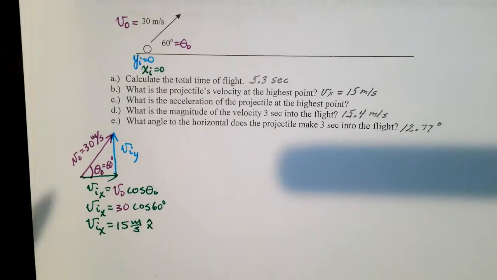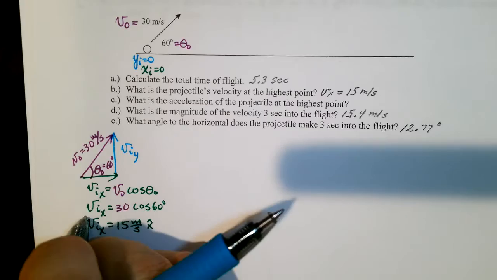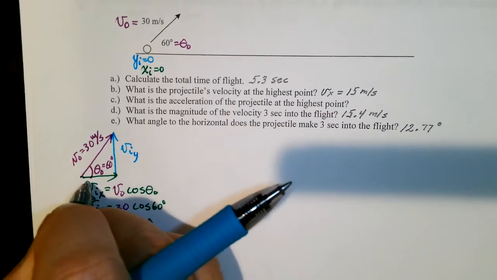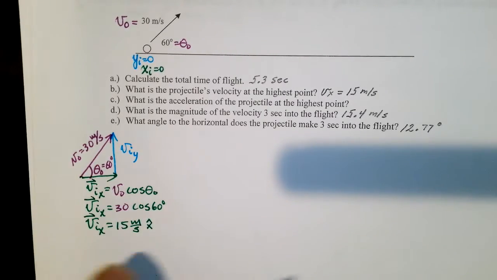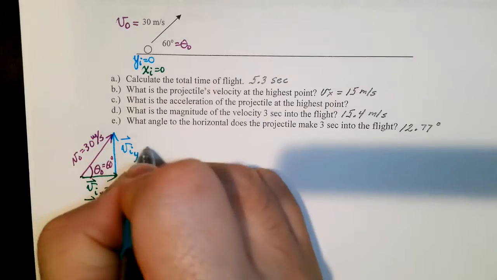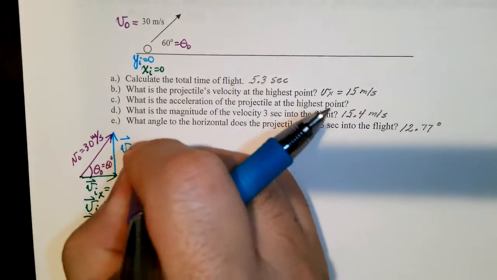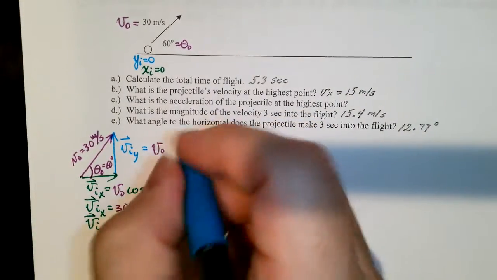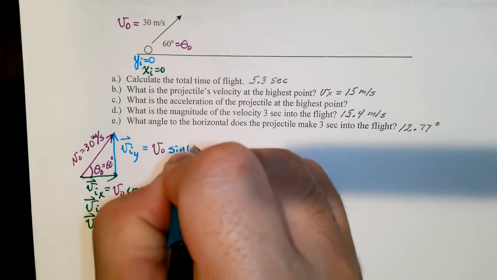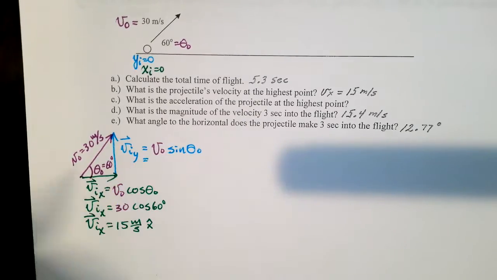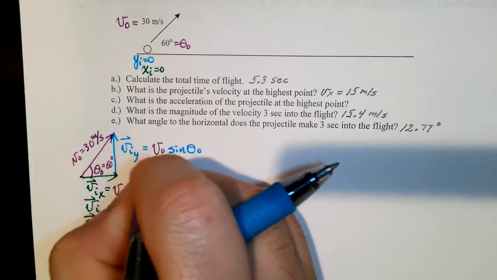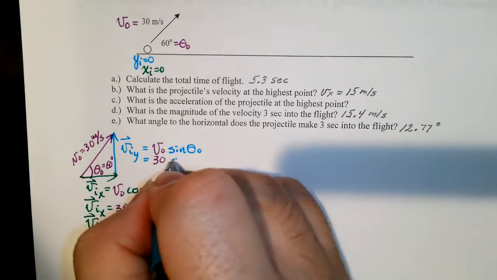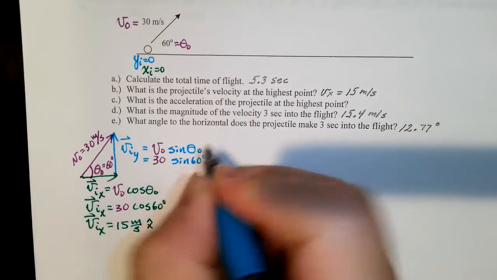My VIY, maybe I should put the vector notations in there. My VIY is V naught sine theta naught, and that is 30 times sine of 60 degrees.